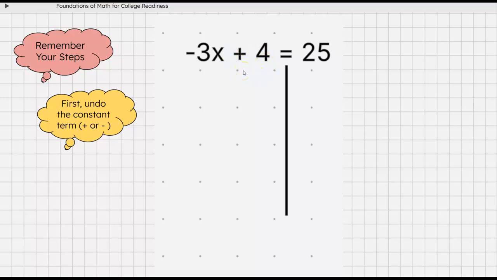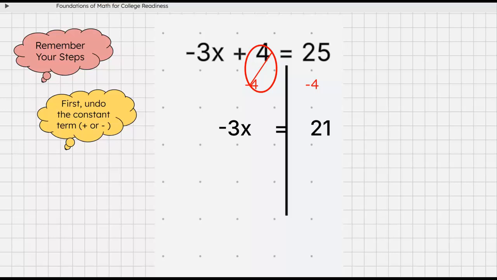We need to undo this constant term with the inverse of addition. The inverse of addition is subtraction, so we are going to minus 4 from both sides of the equation. When we minus 4 from both sides of the equation, we end up with negative 3x equals 21.